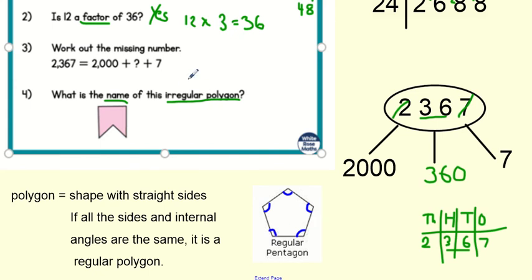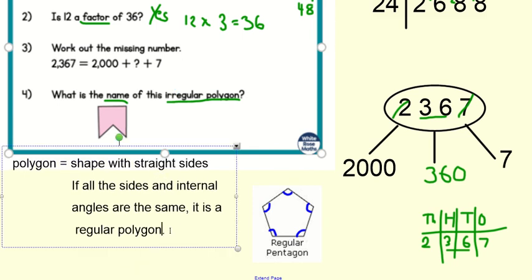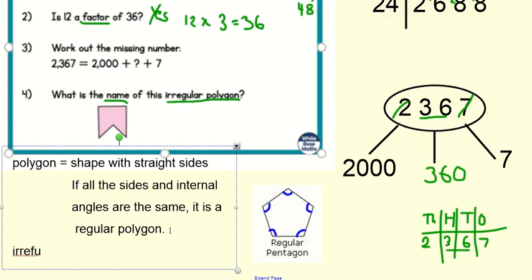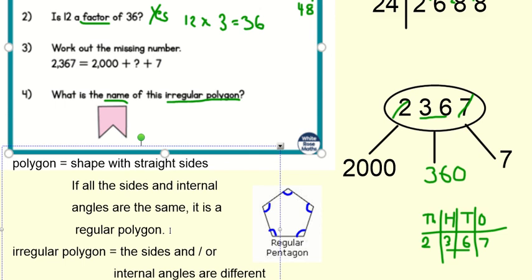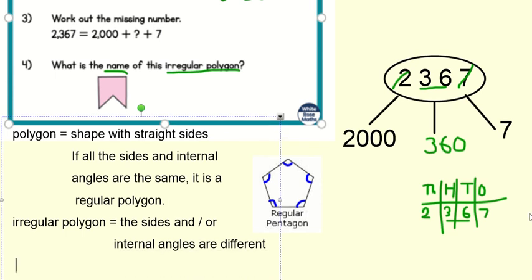So the question says about an irregular polygon. So what is an irregular polygon? Well, let's have a think. What do we know? An irregular polygon is when the sides and, or, the internal angles might not be both, but it could be one or the other, or it could be both. Okay, if the sides and or the internal angles are different, that means they're not the same size, then it is an irregular polygon.